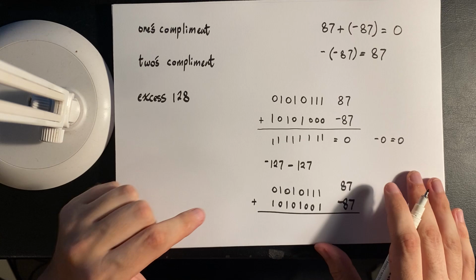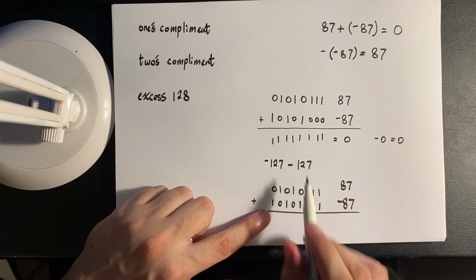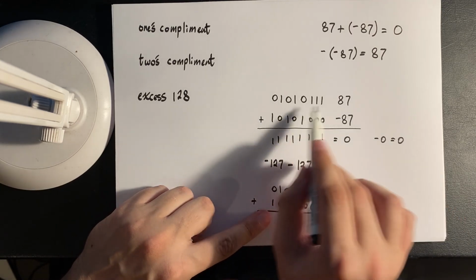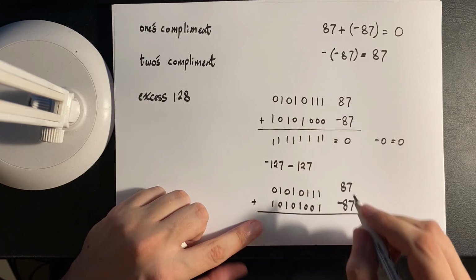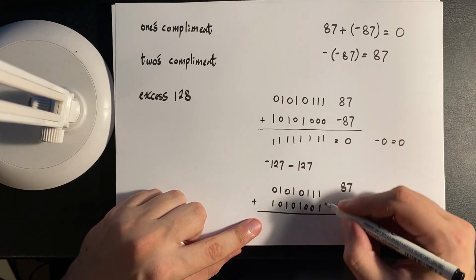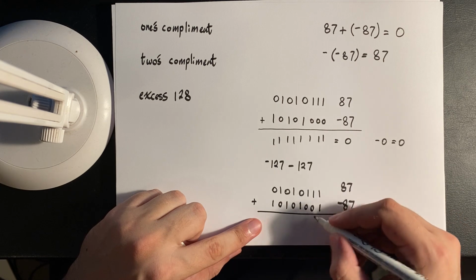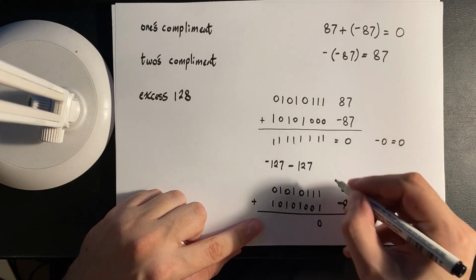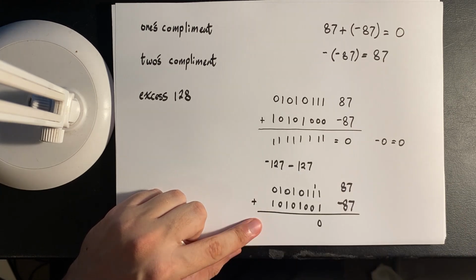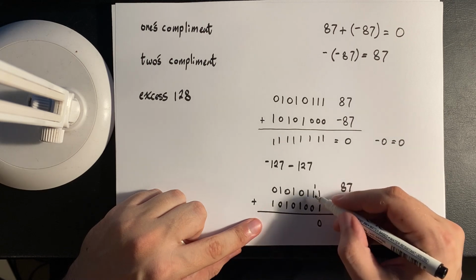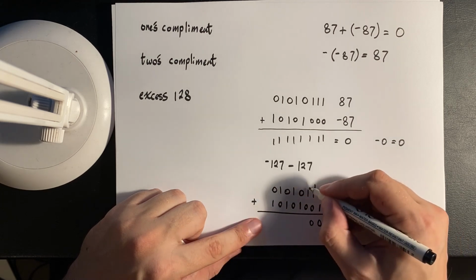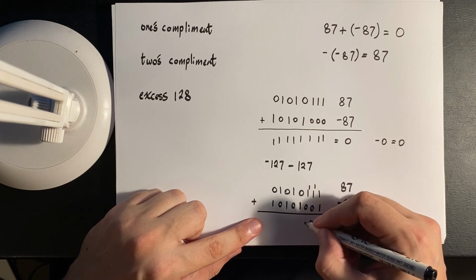There we've got it. And I hope you can see that this is identical to inverting all the bits and then adding 1. Okay, so if I were to add these together, we have 1 plus 1 is 2. So we carry that 1 over, just like that. Now here we have 1 plus 1 is 2, carry again. You can see what I'm doing here.